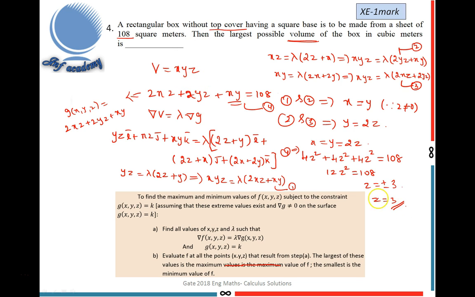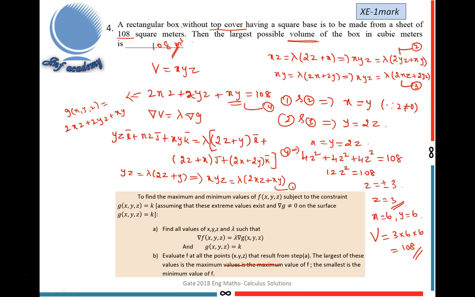So z equal to 3. Z equal to 3 gives x equal to 2z, so x equal to 6, y also 6. So highest volume V equal to xyz, that is 3 into 6 into 6. 6 into 6 is 36, 36 into 3 is 108. So the final answer, the largest possible volume of the box in cubic meters, is 108 meter cube. This is the final answer.